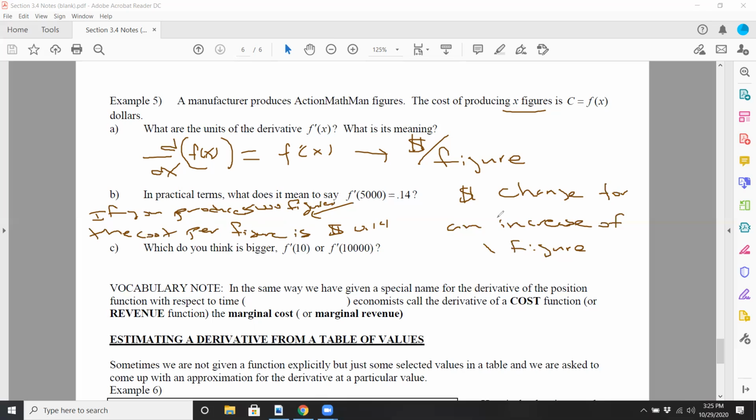And so that's the change for every increase of one figure. So every time you make one figure, it's going to be the dollar change for a dollar cost.